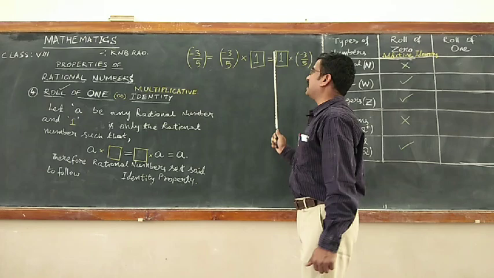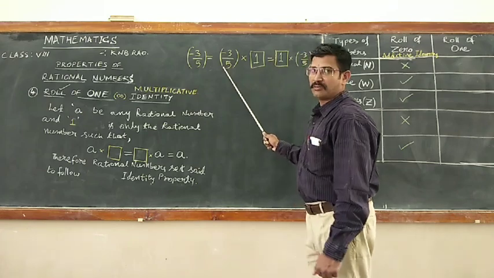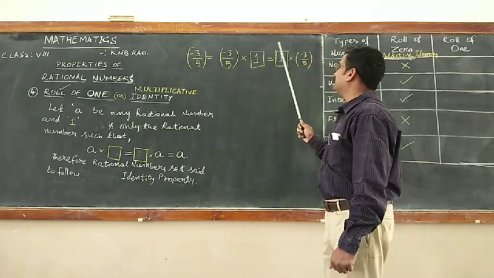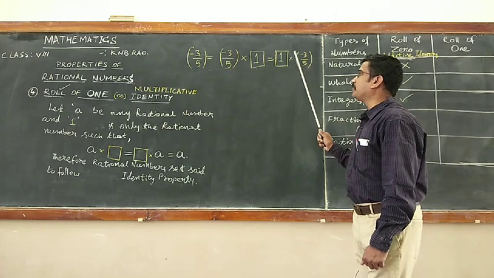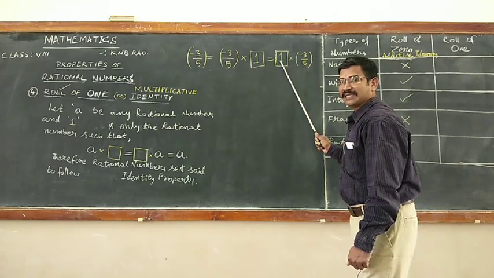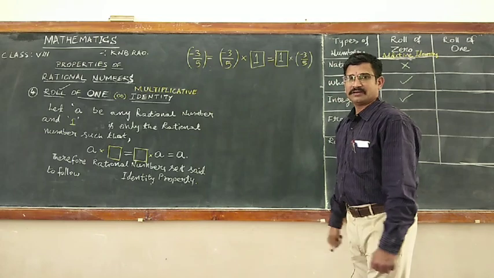So, whether I multiply 1 to any rational number or any rational number multiplied to 1, it gives us the same number.